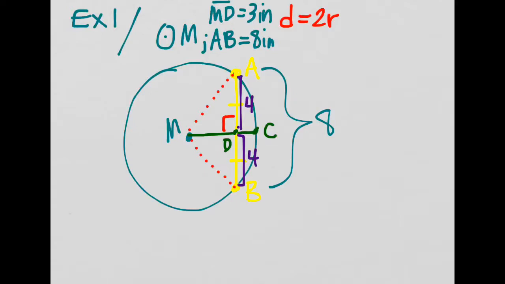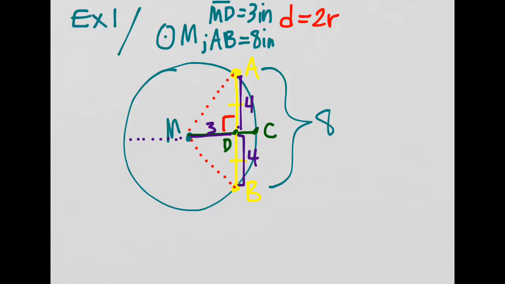Okay? All right. Now, it still doesn't really help me. I do know that this section here is 3. But I need to go all the way across. I don't really know all the way across yet because I'm missing this piece of information right here, and I need something that's all the way across.